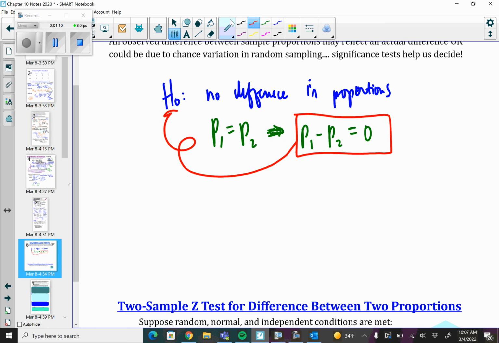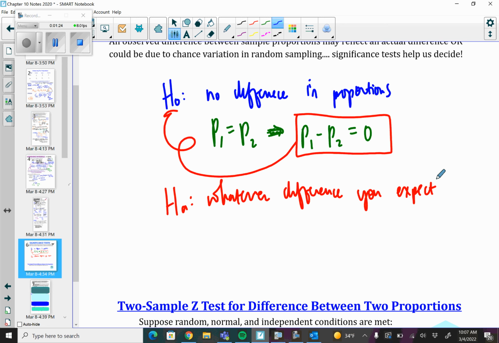Our alternate then is going to be whatever difference we think is happening. Our alternate hypothesis is whatever difference you expect. So that could be a bunch of different things. That could be that P1 is greater than P2, or P1 is less than P2, or P1 is not equal to P2.